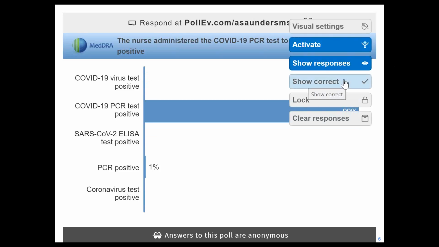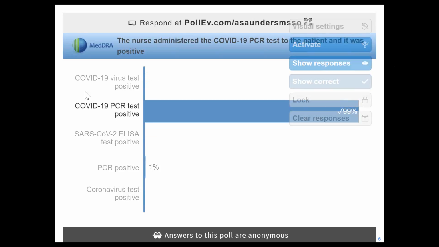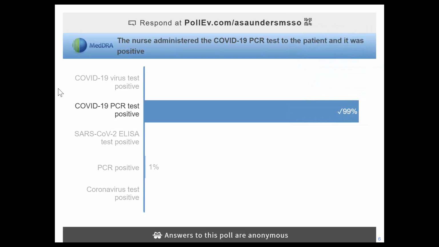So I'm going to show the correct answer here. And I think consistent with what most of you have already identified, there is an LLT that exists that is extremely specific for this PCR test, and therefore the recommended LLT would reflect the closest match to the verbatim text, which is the COVID-19 PCR test positive. And we didn't really get anything past you guys on that one. So let's go on to the next example.